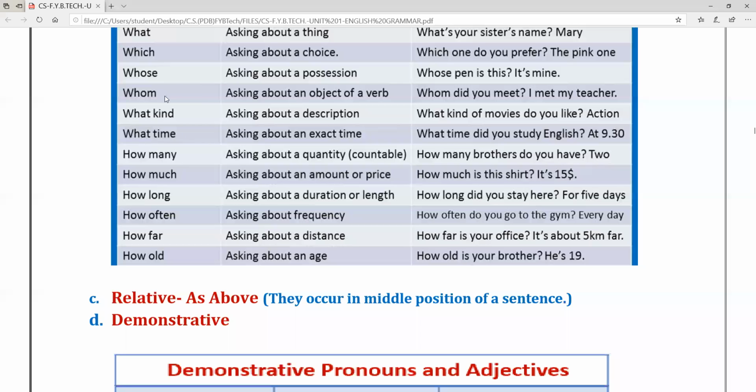Now whom. The boy whom I met yesterday was my friend. ज्या मुलाला मी काल भेटलो होतो तो माझा मित्र होता. So whom here, when it is used in the middle, then it functions as a relative pronoun.